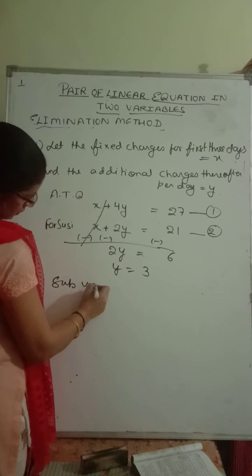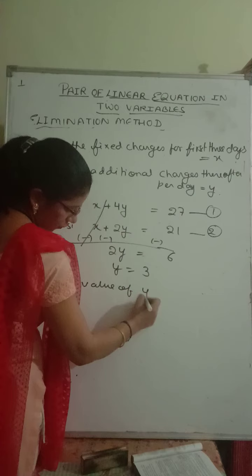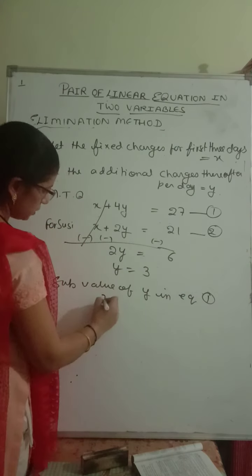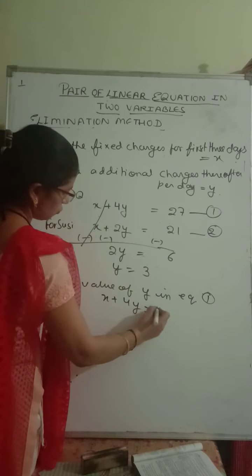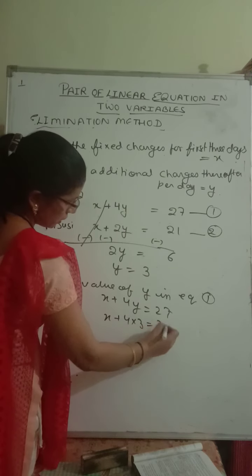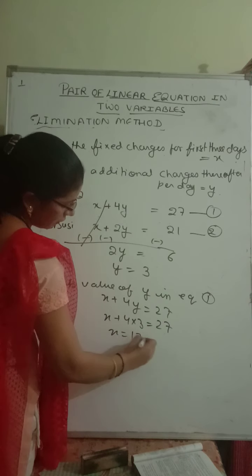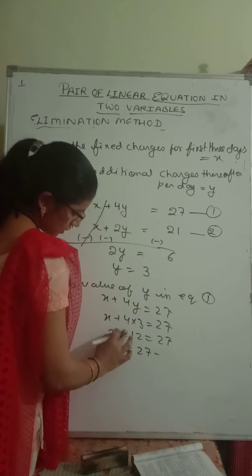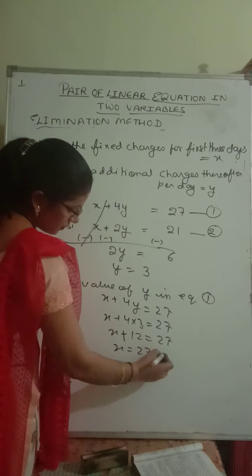Substituting value of y in equation 1. So what is equation 1? x plus 4y equals to 27. So x plus 4 into 3 equals to 27, x plus 12 equals to 27, so x is equals to 27 minus 12.